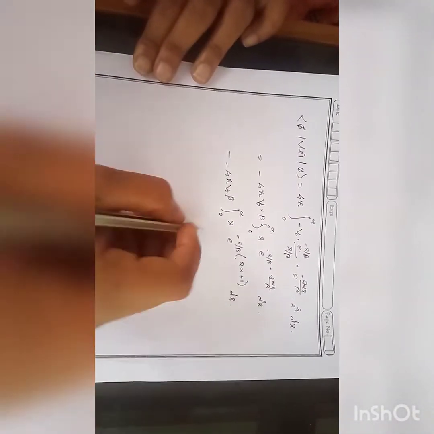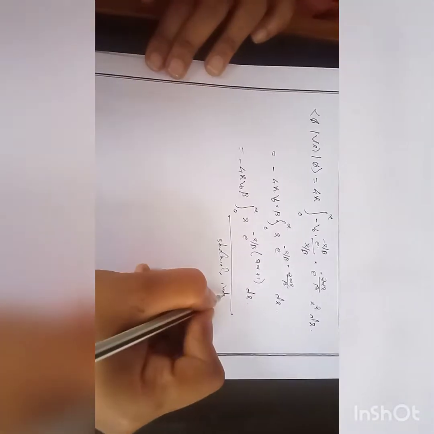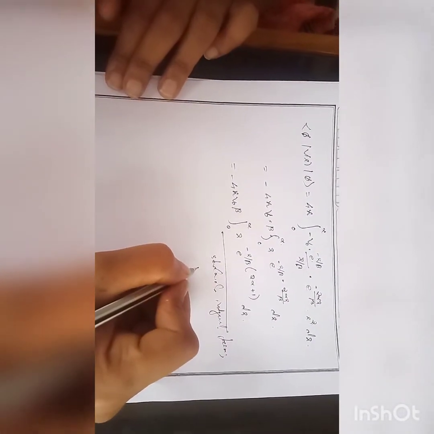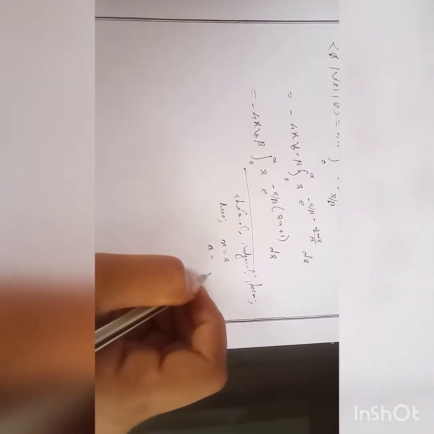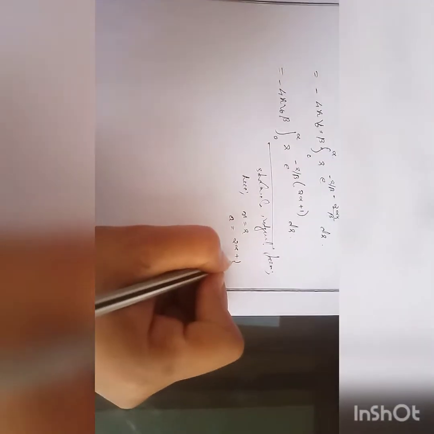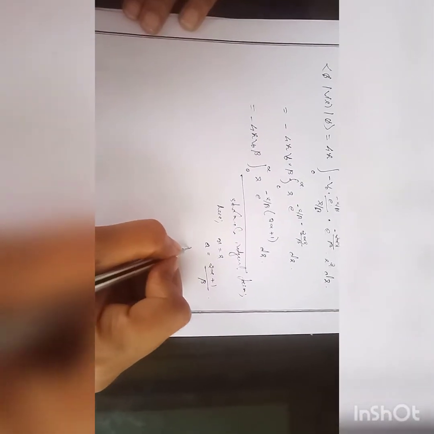And this integral is also in the standard integral form, and here x is equal to r, a is equal to (2 alpha plus 1) by beta, and n is equal to 1.